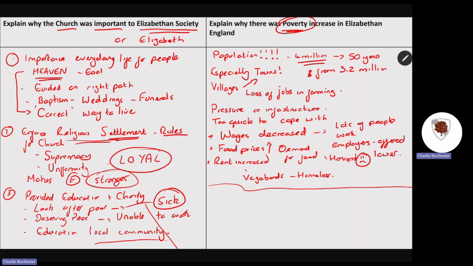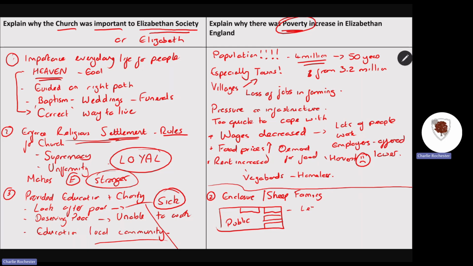Now, a lot of people say that this change happened because of enclosure and sheep farming. So, I'd write about these together. Basically, with enclosure, people used to have public land. But what people started to do was to close off these lands with fences.